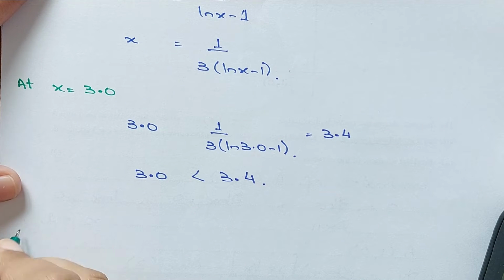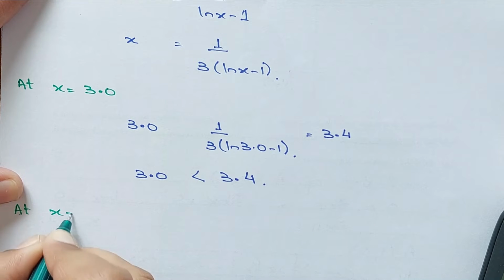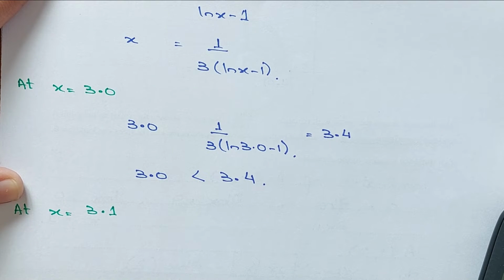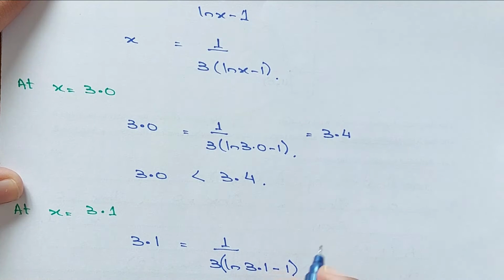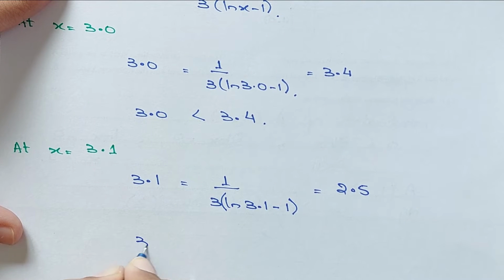Now let me check at the next one, at x equals 3.1. Just substitute x as 3.1, and this would be 1 over 3 times (ln of 3.1 minus 1). So ln of 3.1 minus 1, times 3, one over the answer is 2.5. So we can say that 3.1 is greater than 2.5.